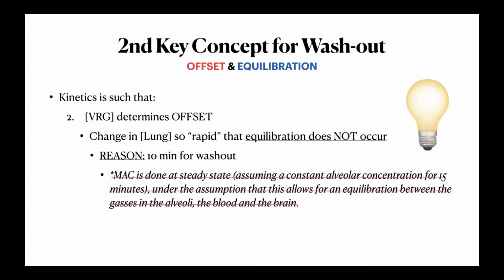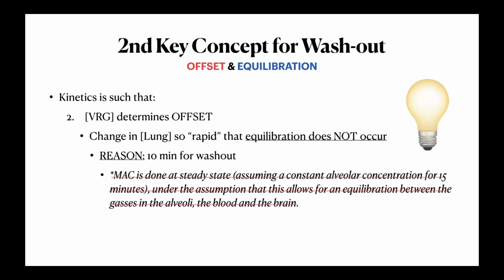I think the word rapid is probably the wrong word to use when we think about washout of a volatile agent, because the equilibration that occurs during washin is occurring over 20 to 30 minutes, whereas washout happens within 10 minutes. And you can see already that is why equilibration has not occurred. And so this idea that your alveolus equals your brain partial pressure, I think is misguided.